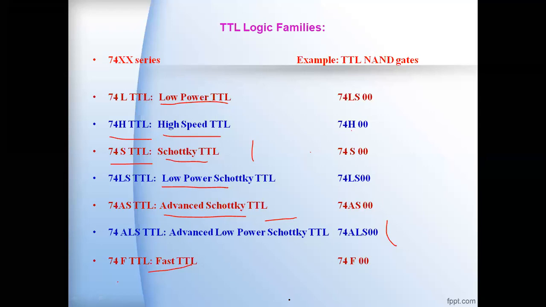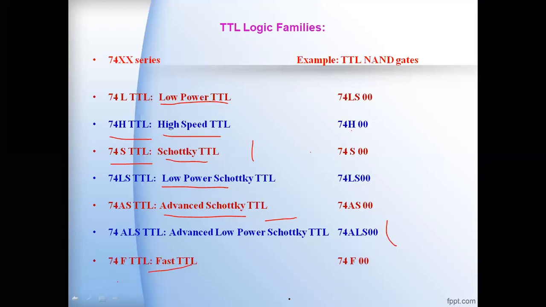You can even observe that for low speed, high power, in the circuit diagram, the resistor values are lower for high speed, and for lower power, the resistor values are higher. So this is about the TTL logic families.